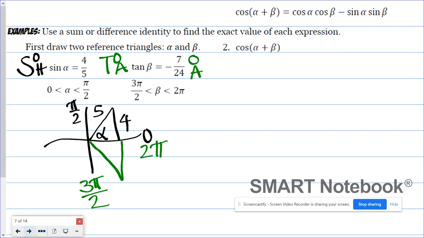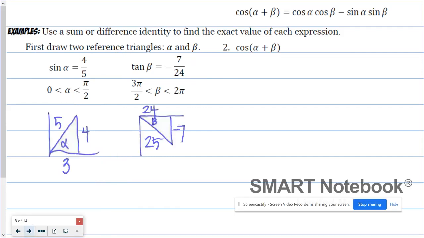So I already created these two reference triangles, and I already found the third side for each of them using Pythagorean theorem. And so now we're ready to actually figure out what is cosine of alpha plus beta. And I have the formula written at the top of my screen here.